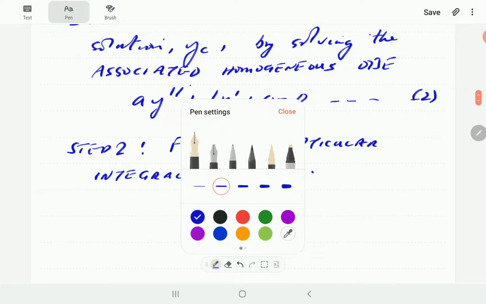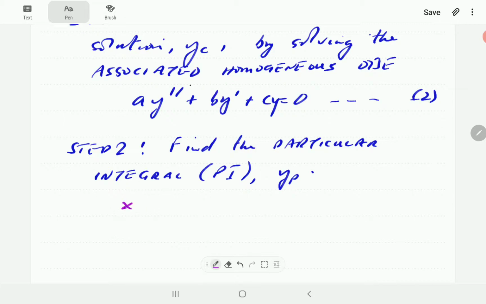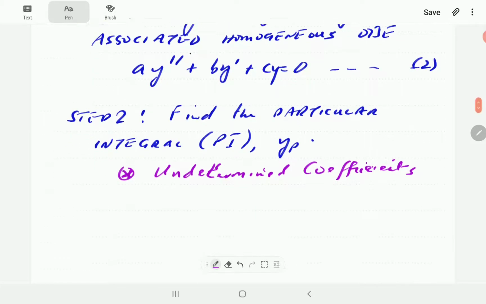There are 2 methods of finding the particular integral. The one method is what is called the method of undetermined coefficients, which this video is going to be dealing with.